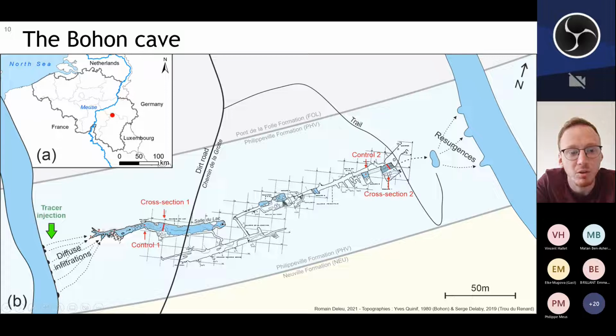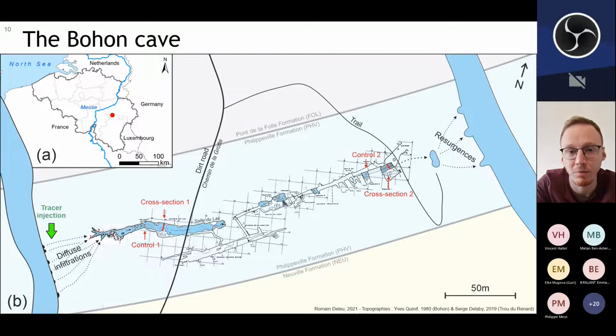Cross-section 1, which is closer to the injection point, and cross-section 2, which is further away from the tracer injection. For both cross-sections, we have a control. This is one fluorometer placed 10-20 meters upstream of the cross-section. And for the cross-section, well, we place multiple fluorometers along this cross-section.